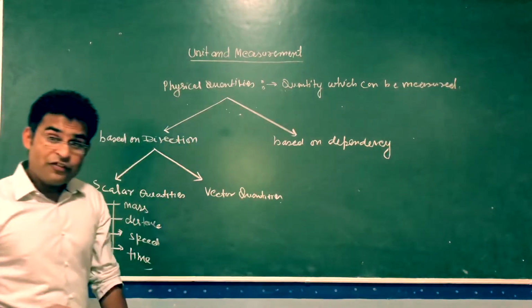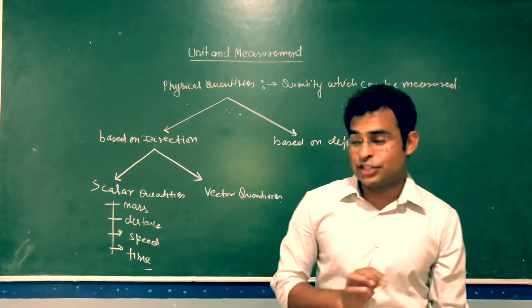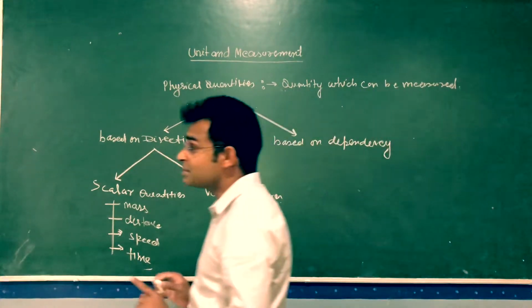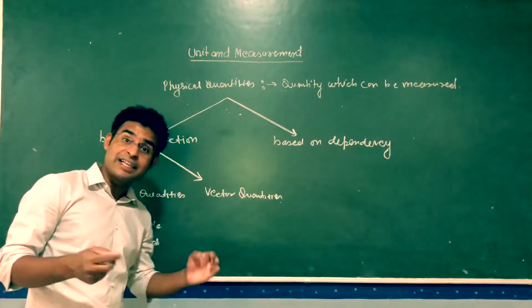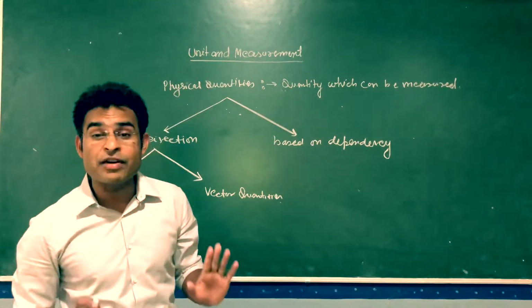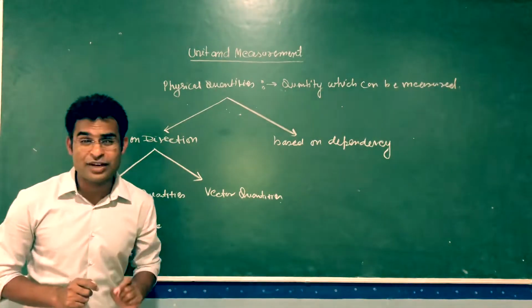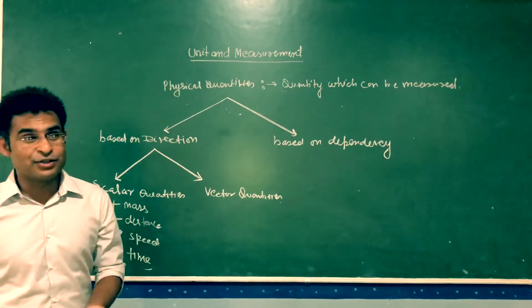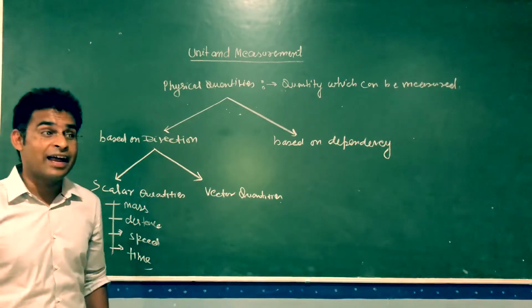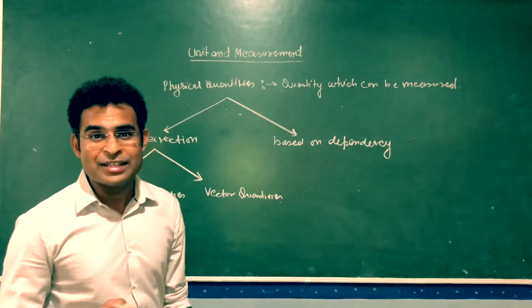Now, if we need direction as well as magnitude to represent any quantity, that type of quantity is called vector quantity. And one more thing, vector quantity means there must be a magnitude and a direction, and for a more specific definition, one more line should be there.